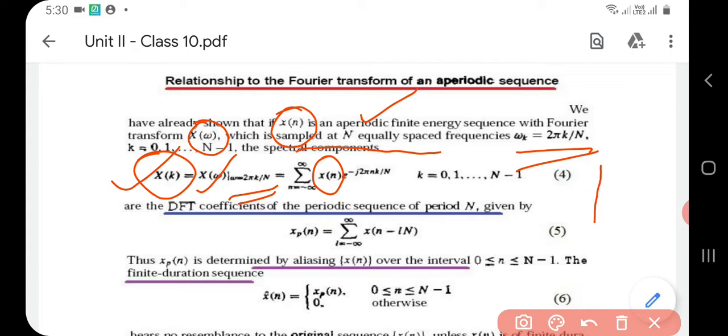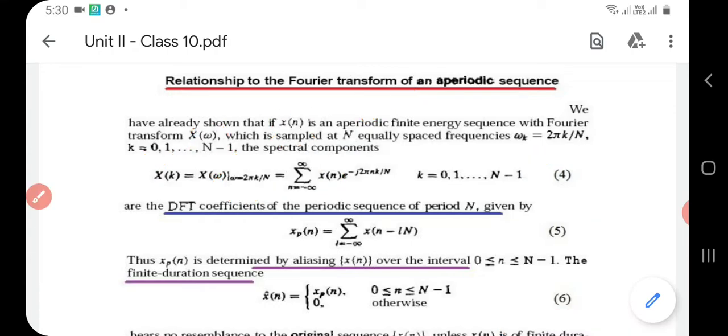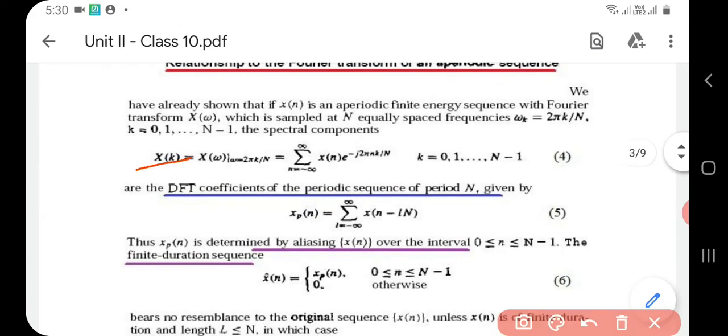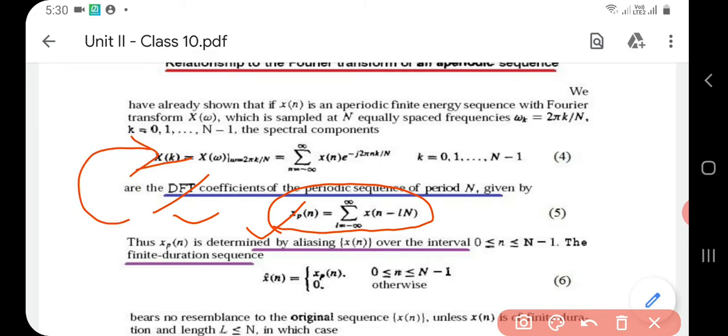This X(k) is actually the DFT. These are the DFT coefficients of the periodic sequence of period N, where xp is a periodic sequence given by this form. So if you have a periodic sequence xp(n), then its DFT coefficients are given by this equation.